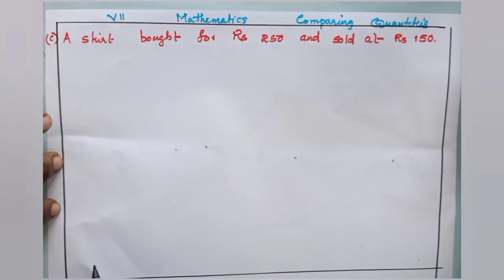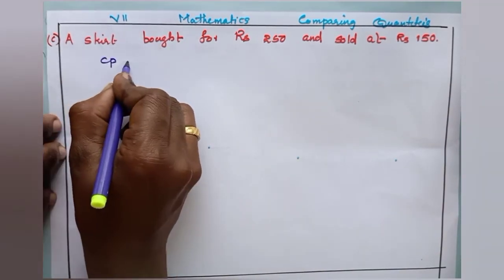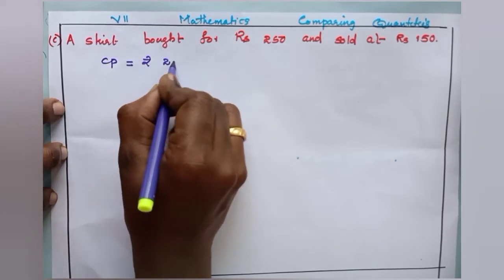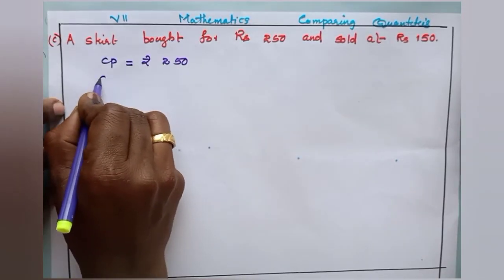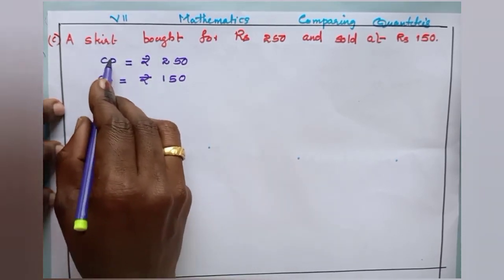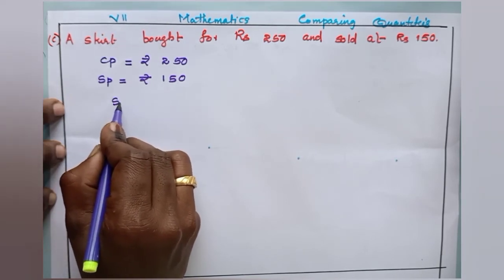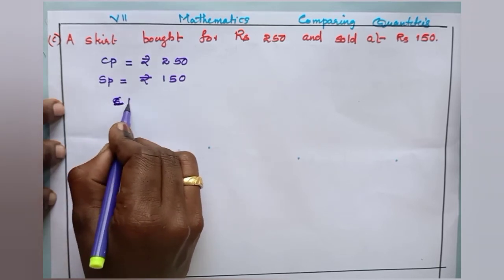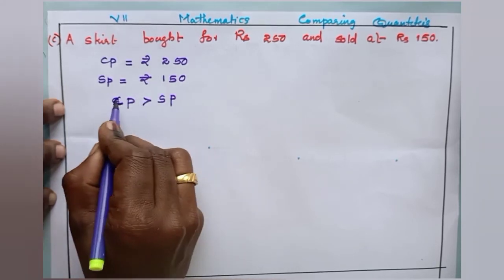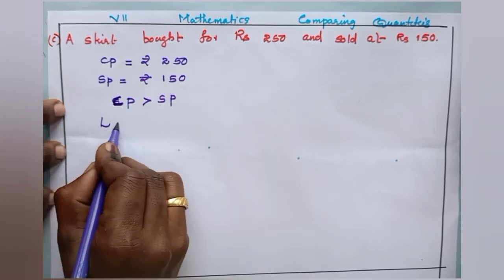Okay, listen. A shirt bought for rupees 250 and sold at rupees 150. So the cost price of the shirt is rupees 250 and the selling price is rupees 150. Comparing these two, the selling price is less than the cost price, that means the cost price is greater than the selling price, which means a loss.